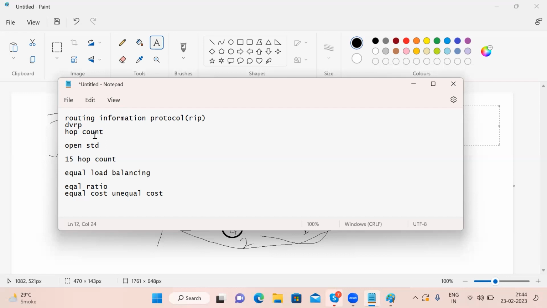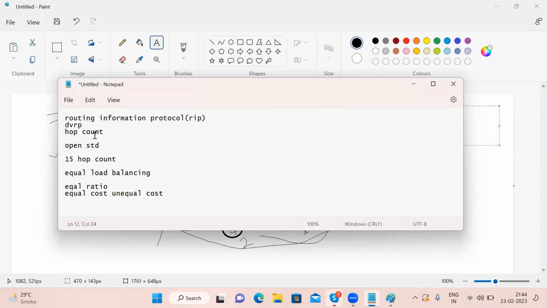BGP is purely a path vector routing protocol. OSPF is purely a link state routing protocol. RIP is purely a distance vector routing protocol.